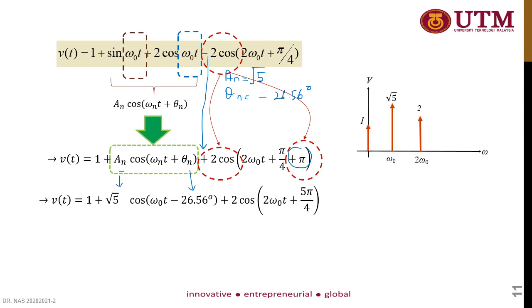Okay, so let's sketch the spectrum. In this case, at 0 you have amplitude 1, at omega naught you have amplitude square root of 5, at 2 omega naught the amplitude is 2. Next is the phase spectrum. At 0 there's no phase shift, so it is 0. At omega naught the phase shift is negative 26.56, and then at 2 omega naught you have 5 pi over 4, which is equivalent to 225 degrees.